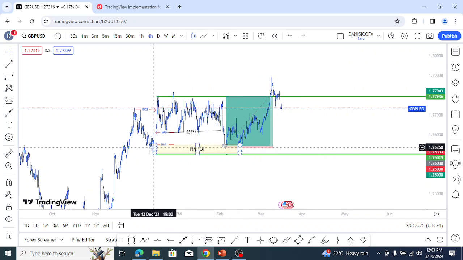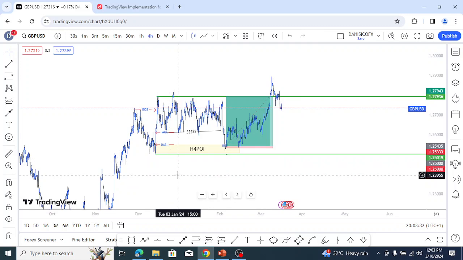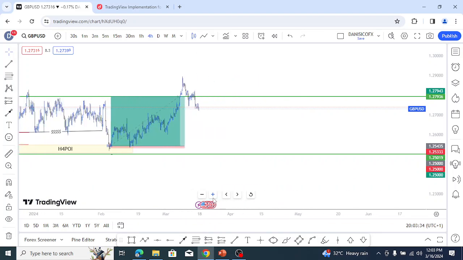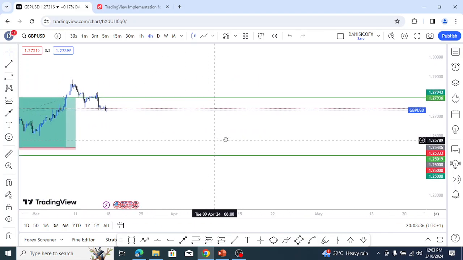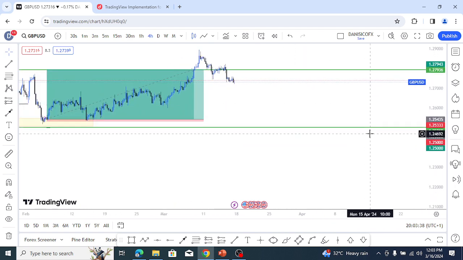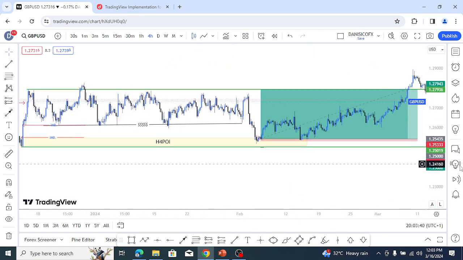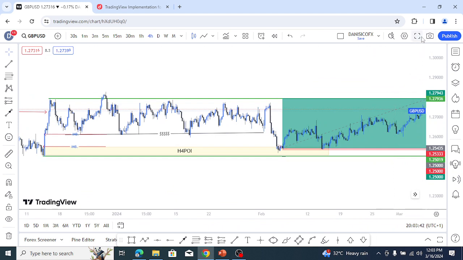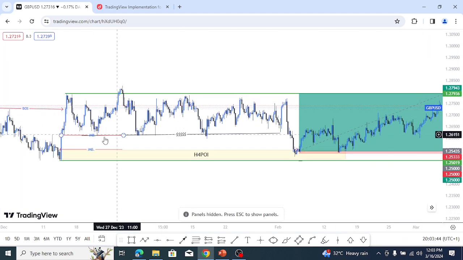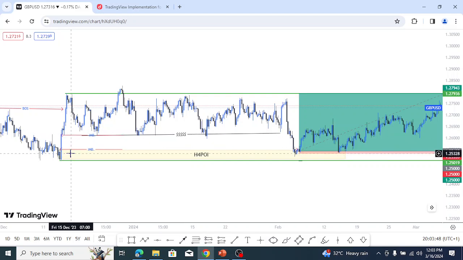Then you identify your point of interest, which is your order block, and this order block comes with an imbalance. This is an imbalance here.